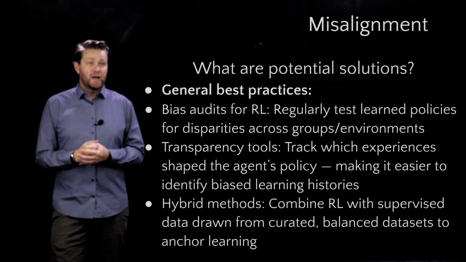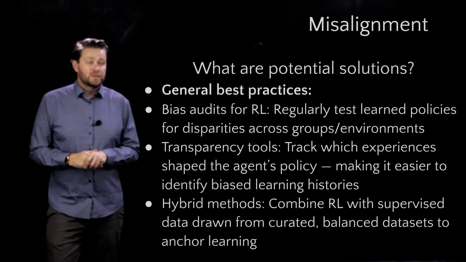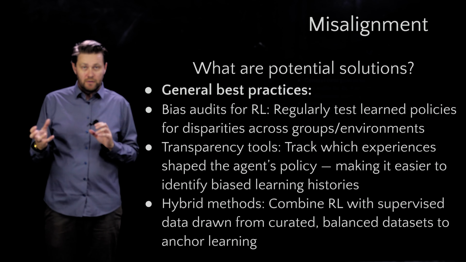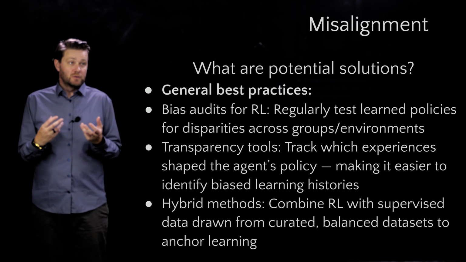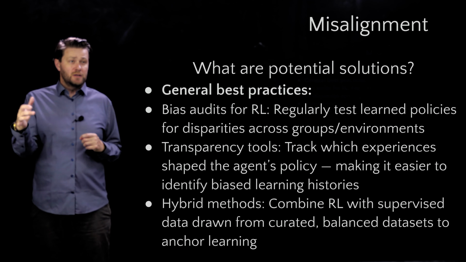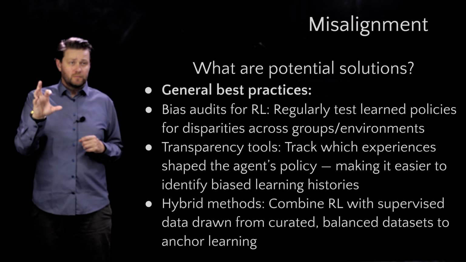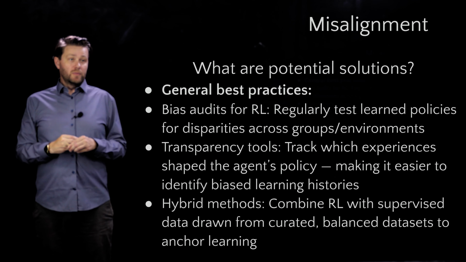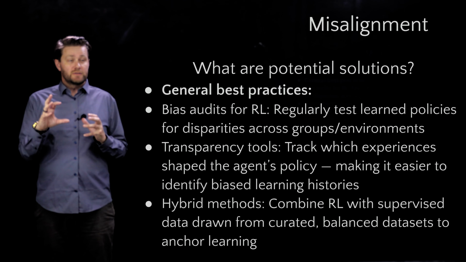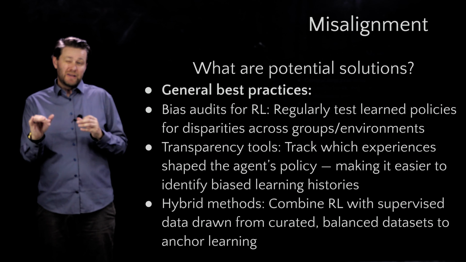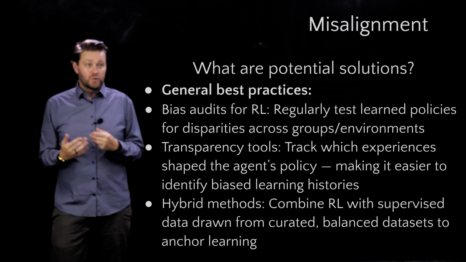Okay, so what can we do? There are some best practices here. It's possible to test for bias. Once the policy has been updated a sufficient number of times, you can check to see how that's all working. There are ways to make sure that an agent's policy is understandable in human terms.